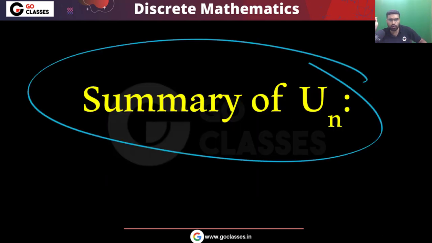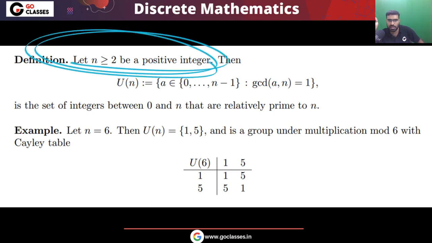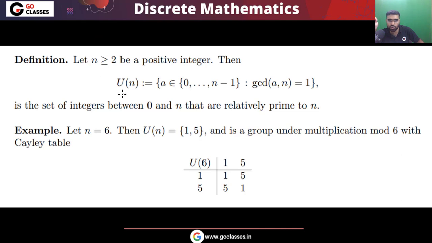What is Un? If n is a positive integer greater than or equal to 2, then Un is equal to those elements which are relatively prime to n, from 1 to n minus 1.